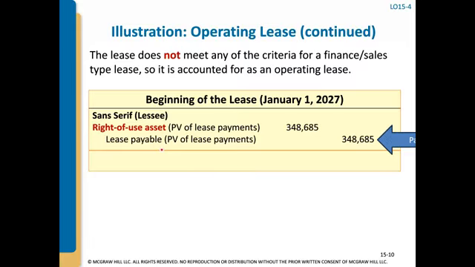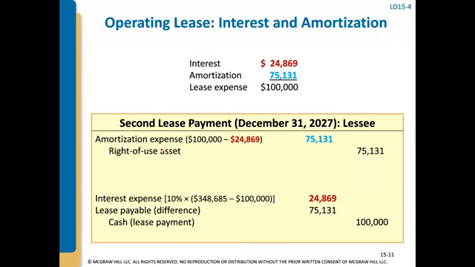Okay, so now we have addressed how we amortize down the right of use asset account that we booked on January 1. Now let's focus on how we write off the lease payable account. The way we do that, I'm going to split the screen. This is the first entry we just did a couple slides ago.